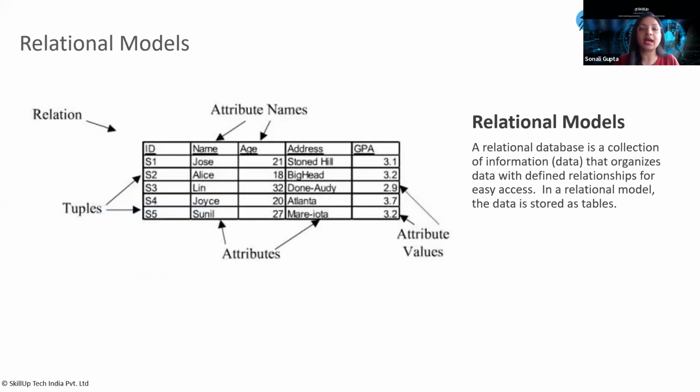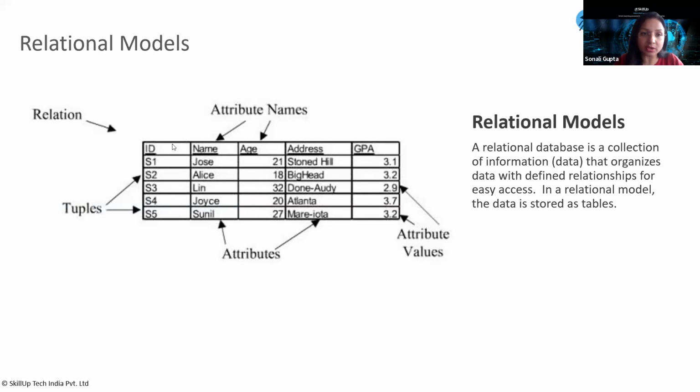What I'm telling you here is that in relational databases we have a number of relational models. When we talk about a relational model, which is data stored in the form of a table, how does it look? If you see here, this is a small structure where we have attribute names at the top. These are the data within those attributes.